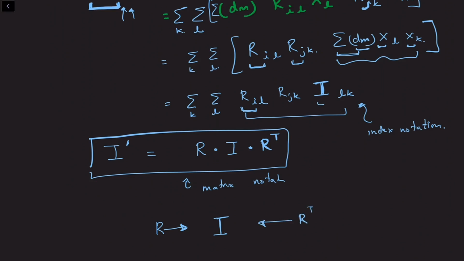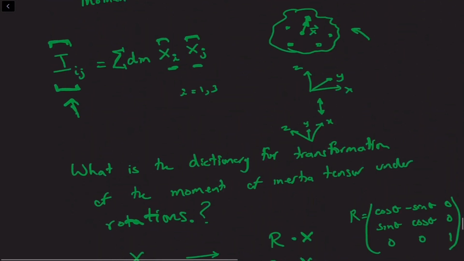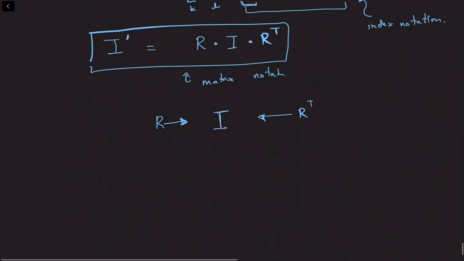Now you could imagine constructing more complicated objects hypothetically. We don't know what physical quantities they describe, but in principle we could construct something like x_i x_j x_k.